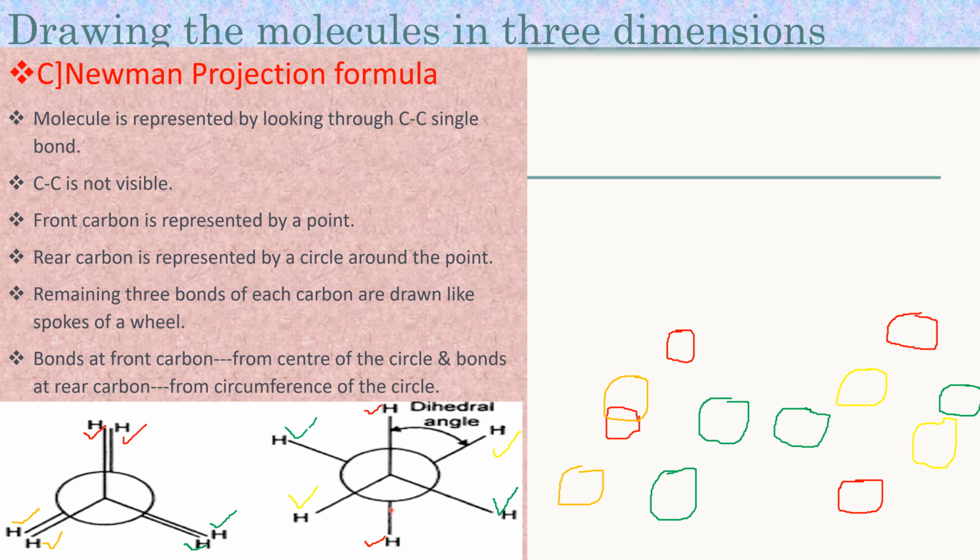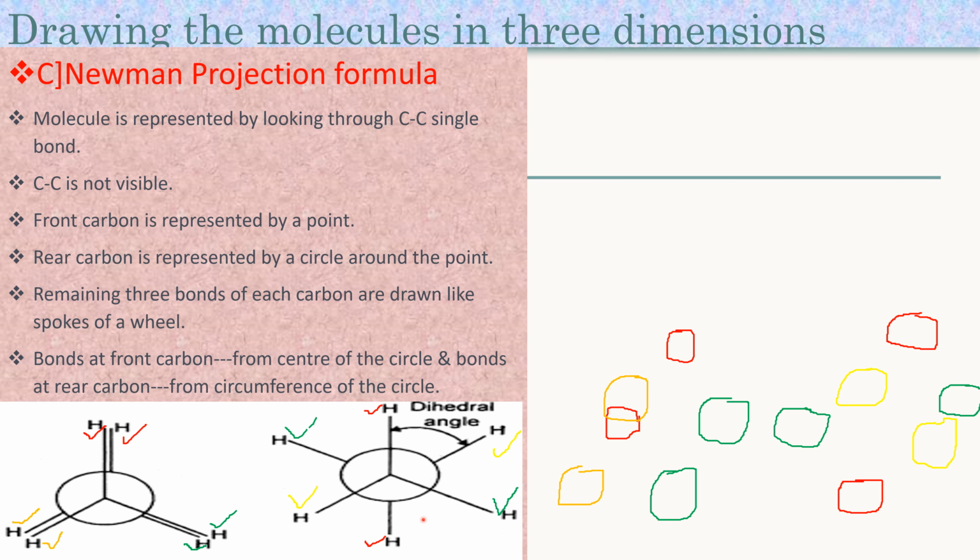Now here you can see in the second figure that this hydrogen atom and this hydrogen atom are away from each other in opposite directions. Similarly, the other hydrogen atoms are away from each other. This type of conformation or formula is called staggered conformation or staggered projection formula, staggered Newman projection formula.